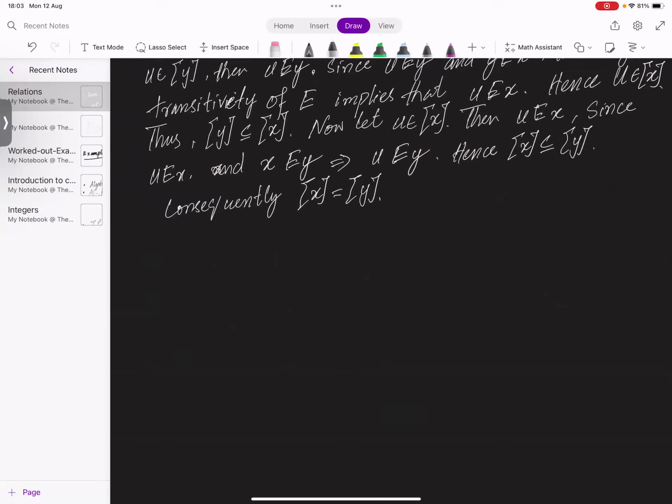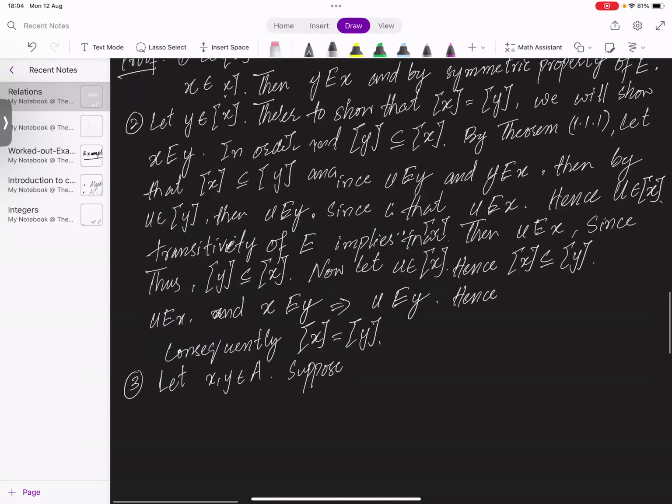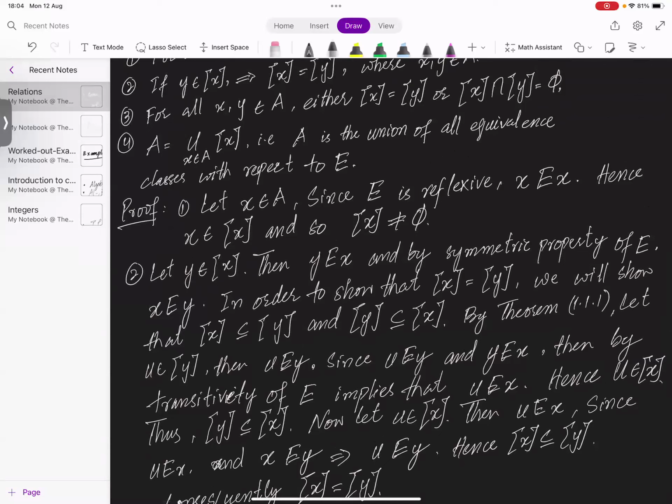Now, number 3. Let x, y be in A. Number 3 says that for every pair of elements inside A, either their equivalence classes are the same or there is no common element between them.